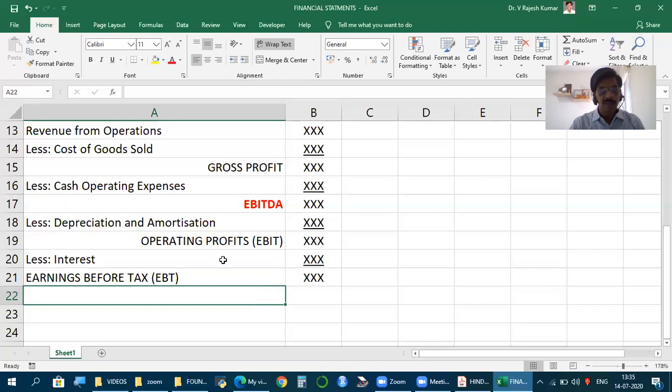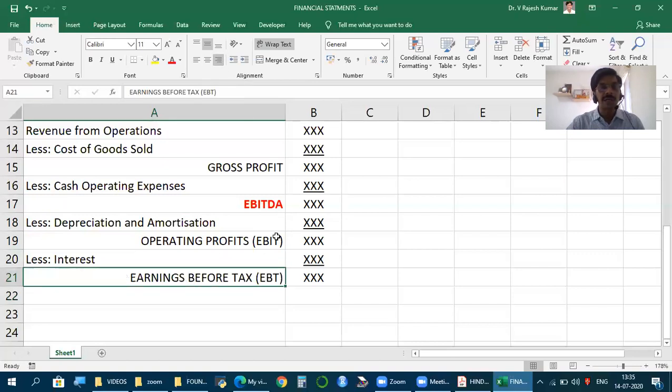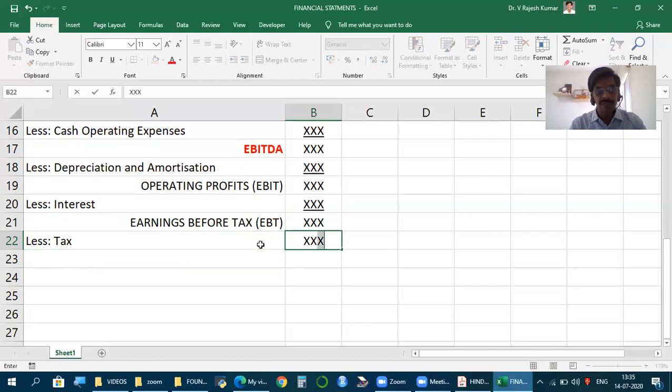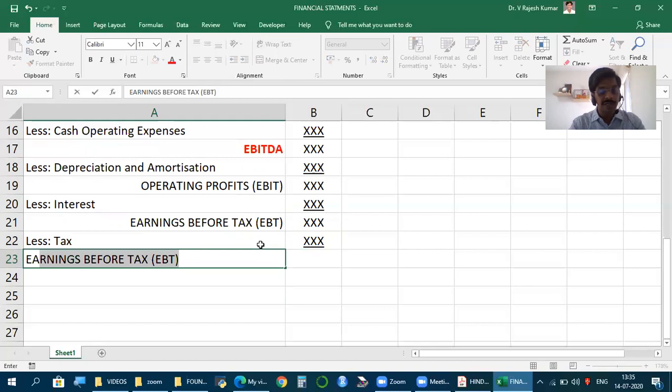In simple words, we also call it taxable profits. Earnings before tax is nothing but taxable profits. Then from this, deduct tax, technically tax provision, but I'm just mentioning it as tax, you get earnings after tax. Earnings after tax, EAT, also called net profits.